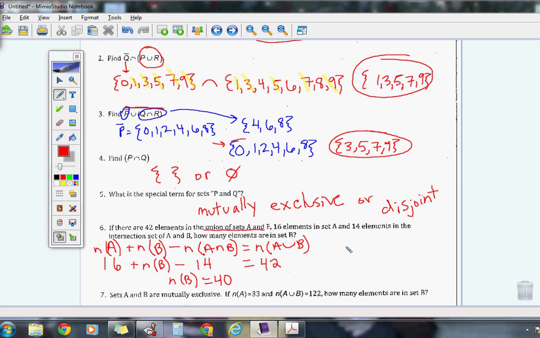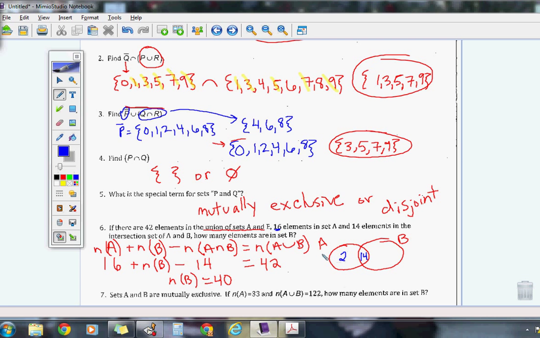And I want to visually show you on this problem how that makes sense. If I have an A here and a B here, look at how this follows. The intersection was 14. When we do Venn diagrams, we like to start with filling out the intersection. All of set A is 16, so we only put a 2 out here because the entire number of elements in set A has to be 16.